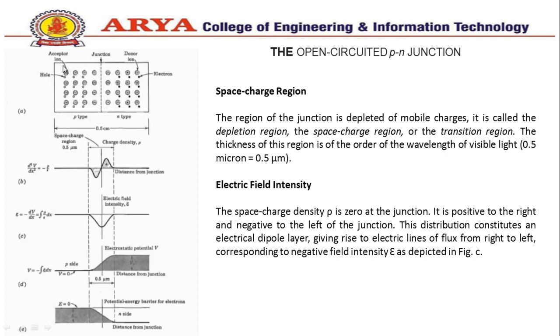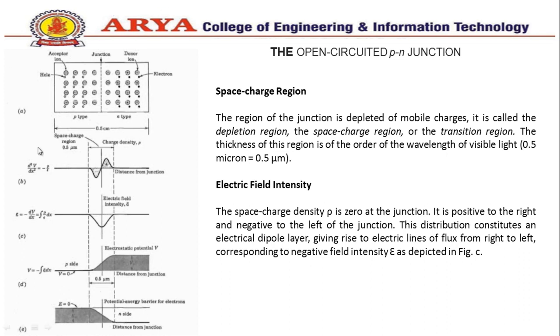The general shape of the charge density rho depends upon how the diode is doped. A step-graded junction in which the region of the junction is depleted of mobile charges is called the depletion region, or space charge region, or transition region. The thickness of this region is of the order of the wavelength of visible light, that is 0.5 micrometer.